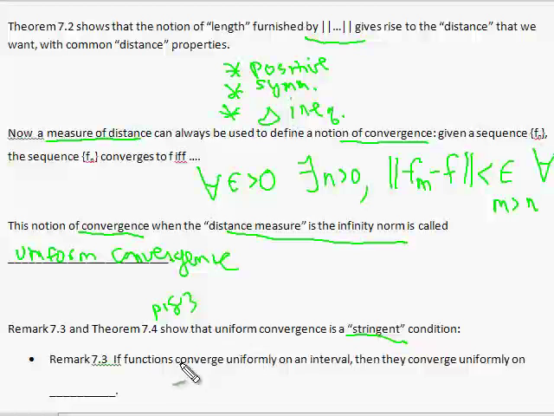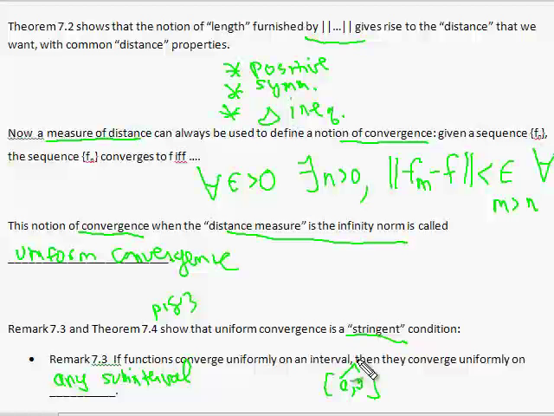Remark 7.3 says, if functions converge uniformly on an interval AB, then they'll also converge uniformly on any subinterval, which is a handy property. You don't need to worry about establishing it again for subintervals.